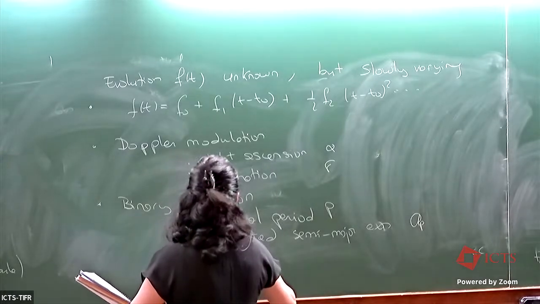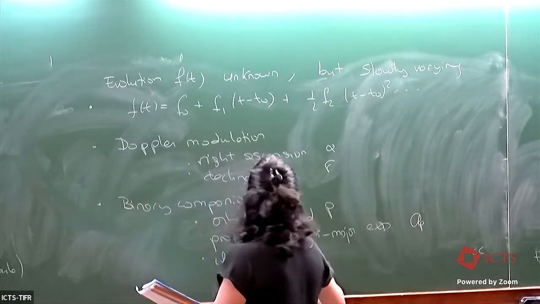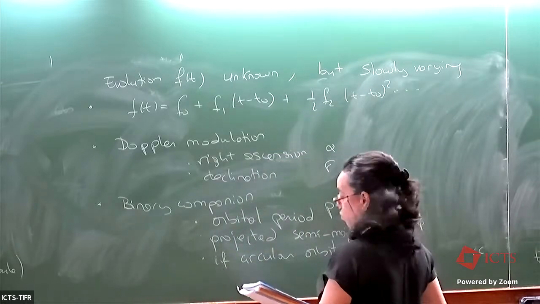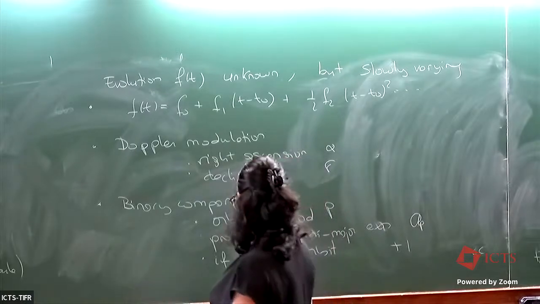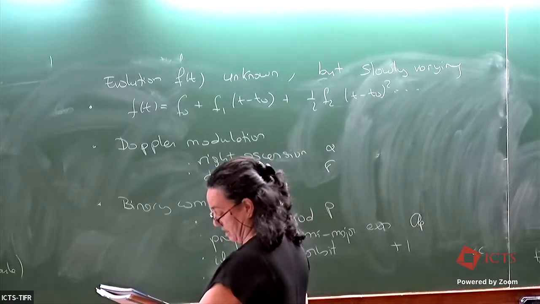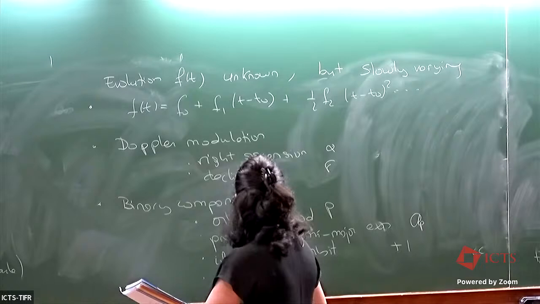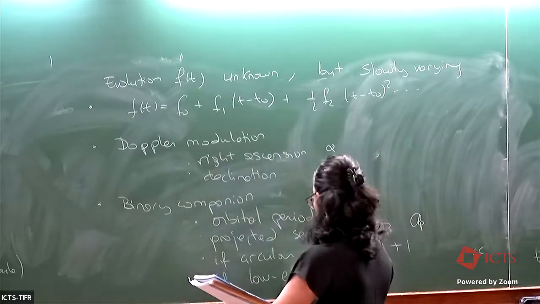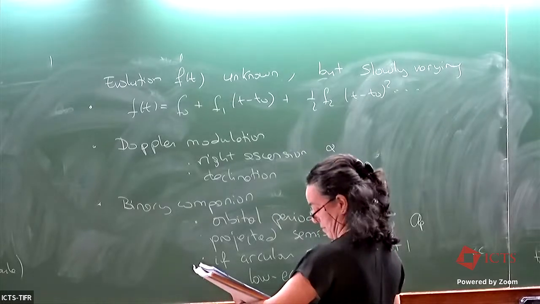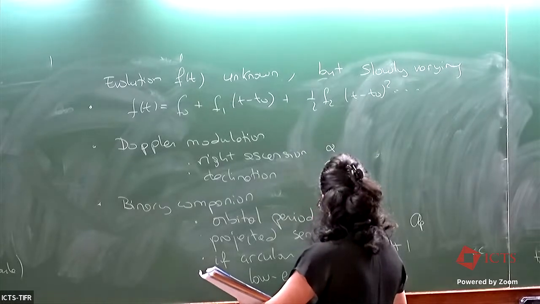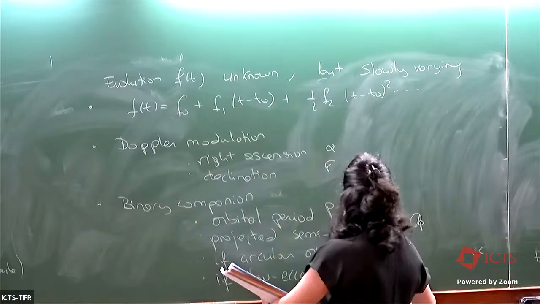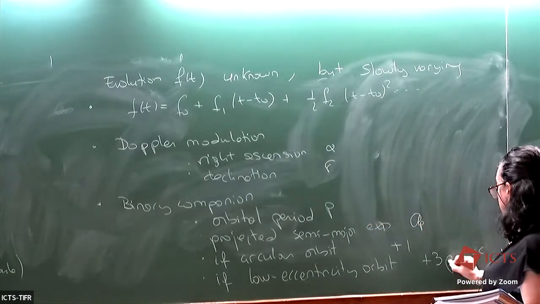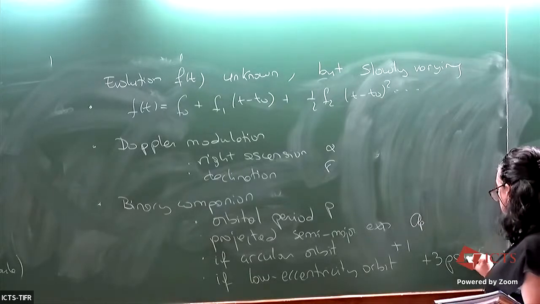If we are talking about a circular orbit, we are going to have one extra parameter. And if we are considering a system with very low eccentricity, then we will have to consider 3 extra parameters.